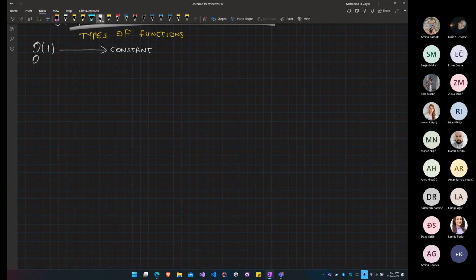If you see an order of log n, this is what we call a logarithmic function. If you have O of n, this is a linear function. O of n squared, we call quadratic.